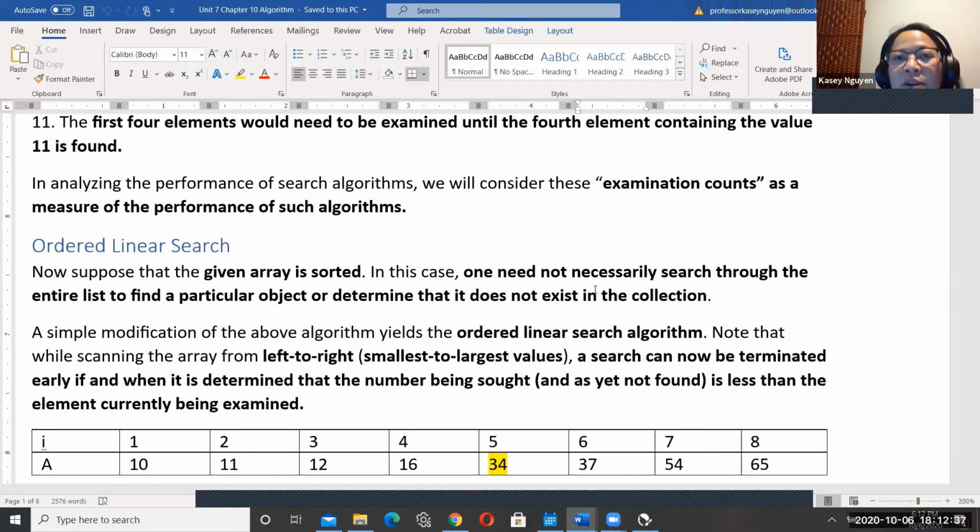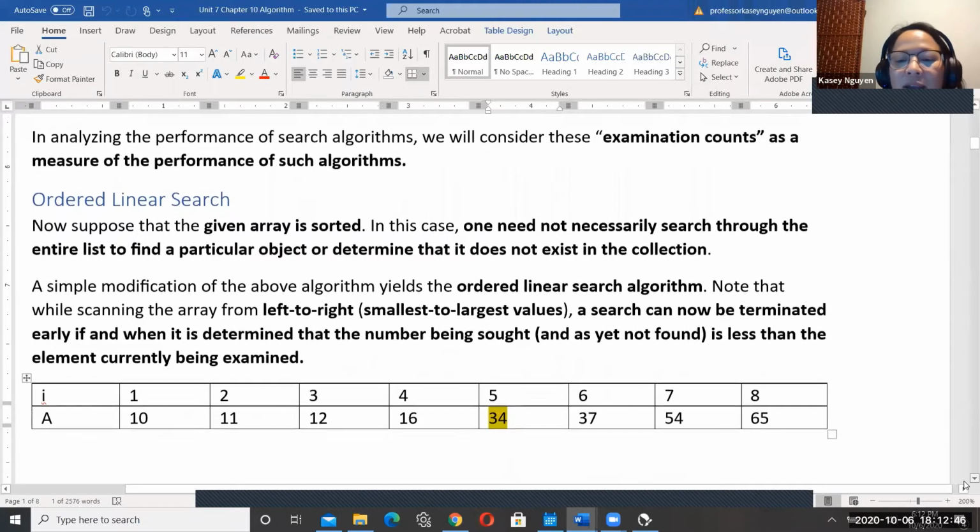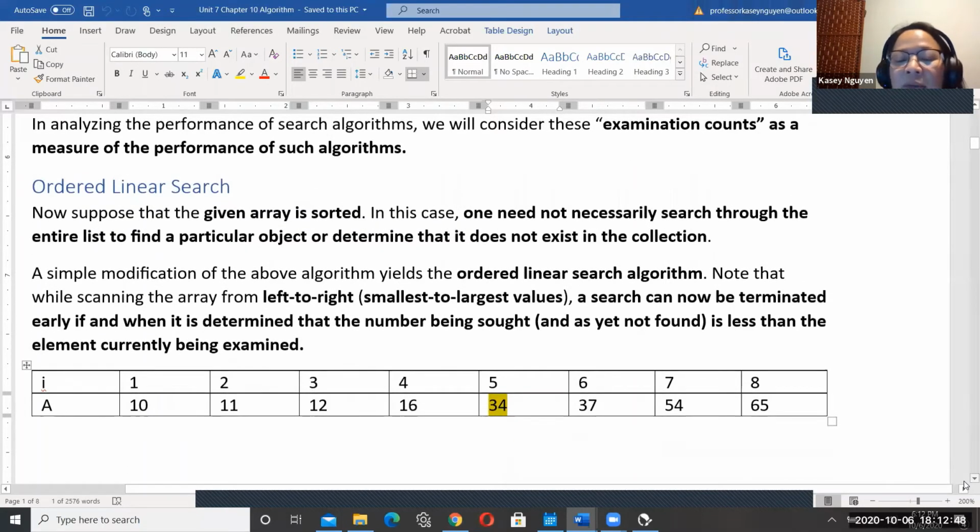And what we can do is say, okay, let's look for a key. Let's say that we're seeking number 34, which is the fifth element in that array. So the search can now be terminated early once it's determined to be what's sought.